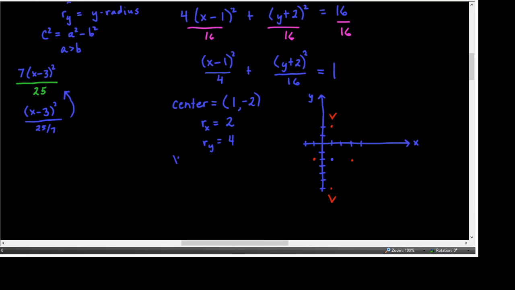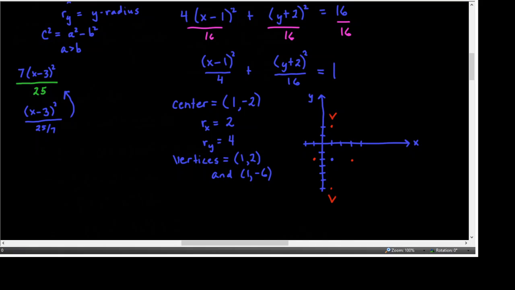Having plotted them, we know that we went further in the y direction. Those are the vertices, and the coordinates of those points are 1, 2 for the one that is up above, and the second one is 1, negative 6.